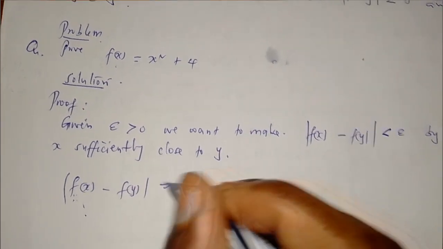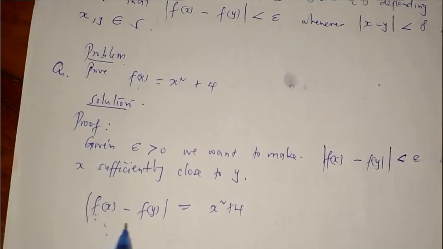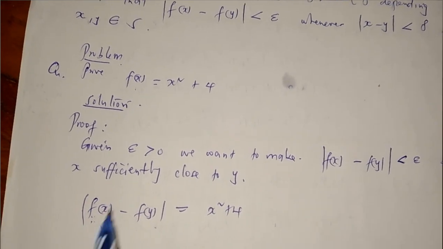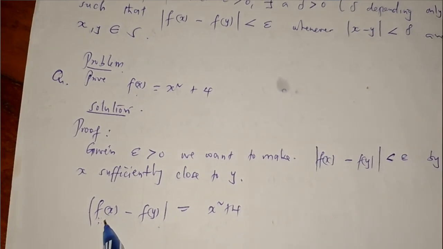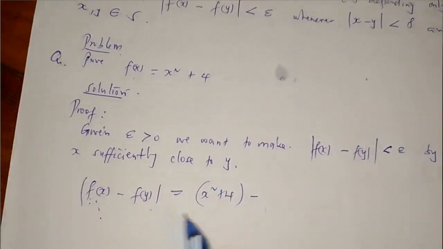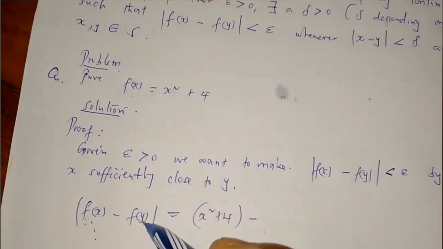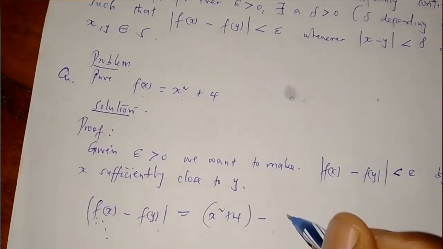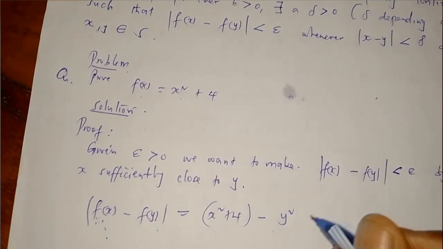It becomes x squared plus 4, minus f(y). For f(y), the x is replaced with y, so it becomes y squared plus 4.